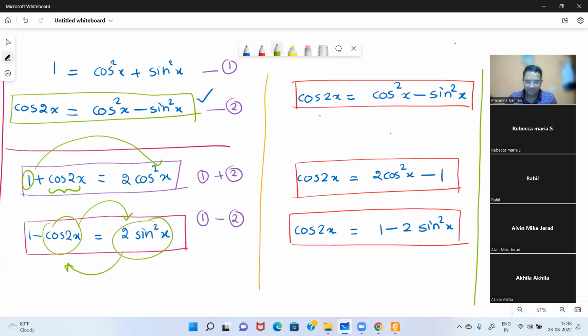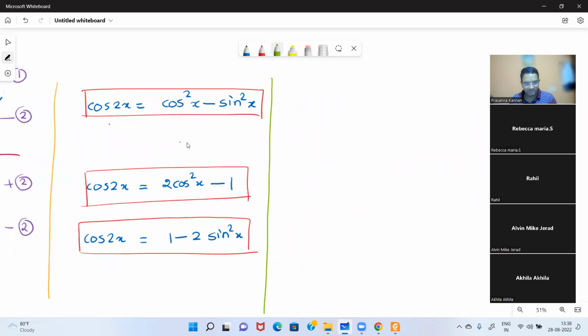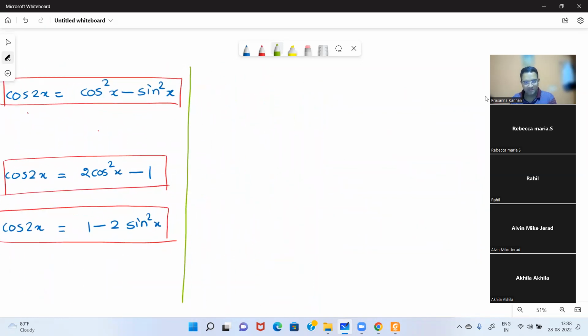Now we'll go ahead with another formula for cos 2x in terms of tan. So we'll start with this well-known equation. Cos 2x is equal to cos square x minus sin square x.